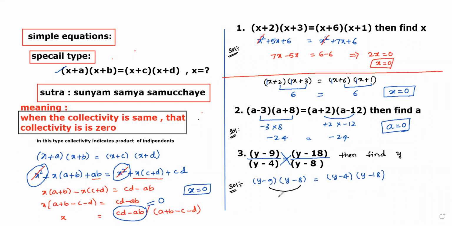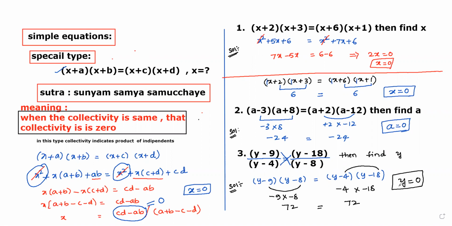Minus 9 times minus 8 is 72, and minus 4 times minus 18 is also 72. That means both are equal in this case. So by Sunyam Samya Samuchaya, the y value becomes 0.